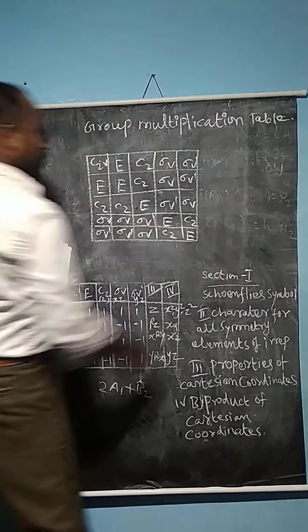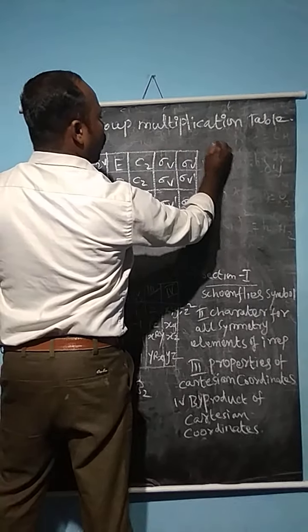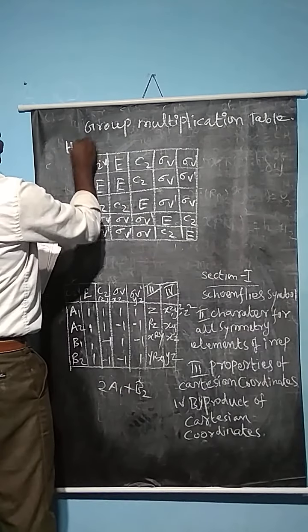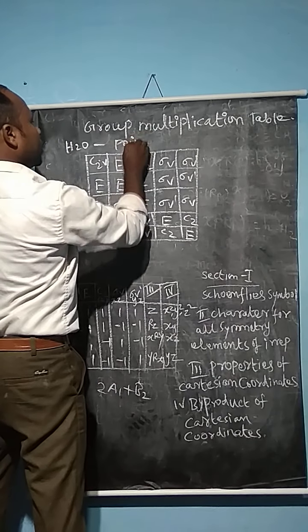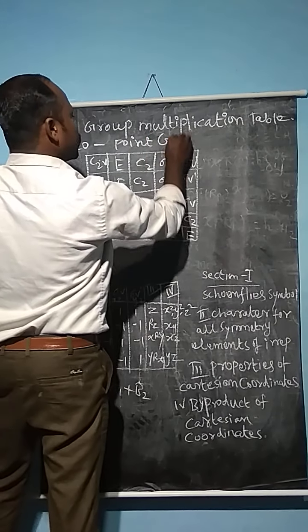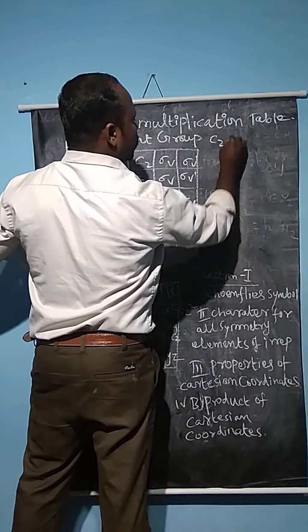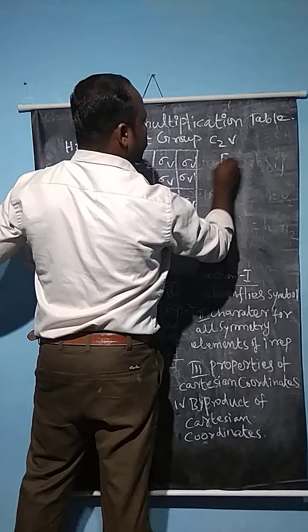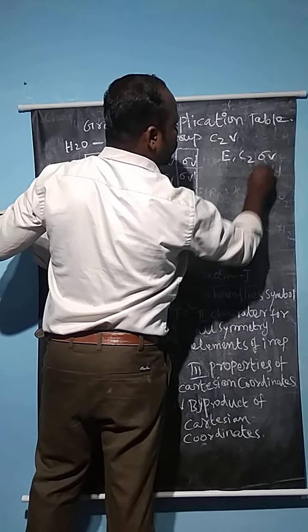Now, the group multiplication table for the water molecule. The molecular point group is C2v. This consists of 4 symmetry elements E, C2, sigma v and sigma v dash.